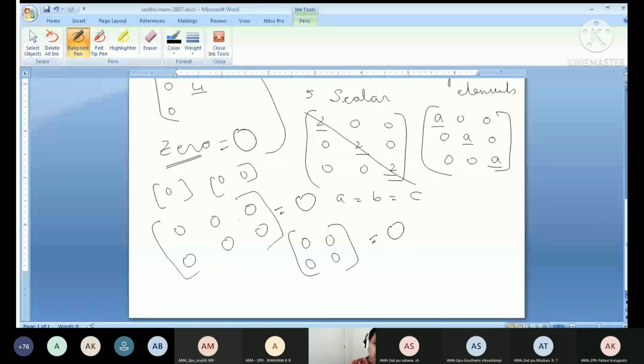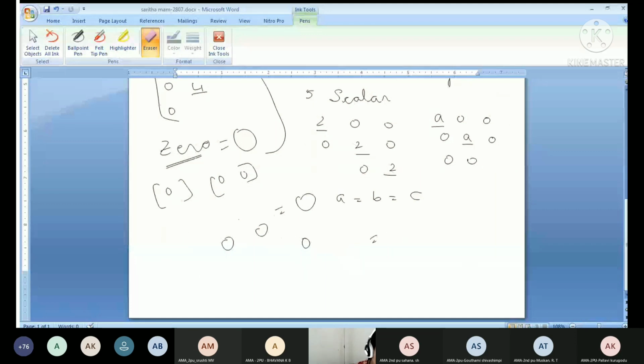Now today I want to start exercise 3.1. This is the third chapter in your textbook. So I want to discuss exercise 3.1. It is on page number 64. If anybody has the textbook, please open your textbook.